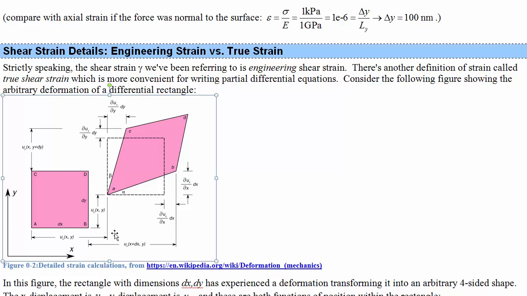So the displacement of point A is not going to be the same as the displacement of points B, C, and D. So the square is not just moving, it's also deforming.